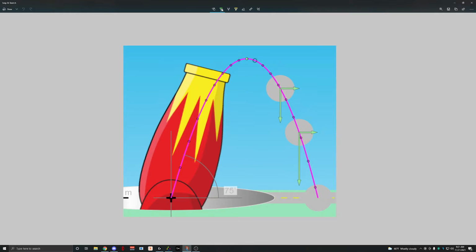Let's take a picture of this and look at the horizontal velocity. Each of these points is a certain time interval. You can see that your velocity in the horizontal direction is pretty much constant, because our horizontal distance traveled each second is the same.